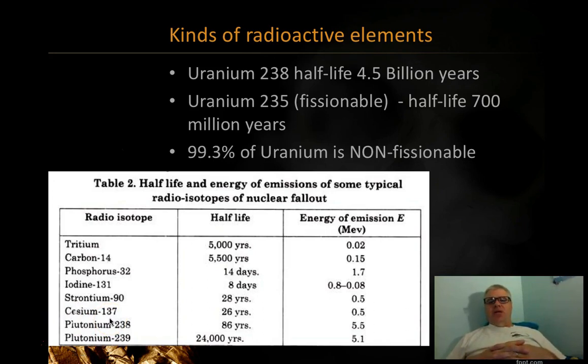And where that comes from is after uranium or plutonium splits and starts to break down, these are some of the particles that are left over from that. And these have half-lives of about 26 to 28 years. And so because of that, if you get this stuff in the environment, it takes many, many decades for it to really dissipate in the environment.